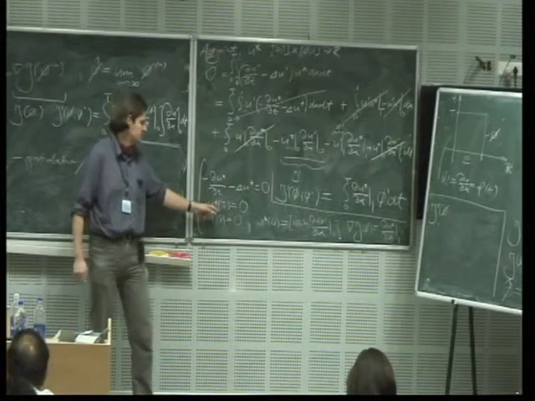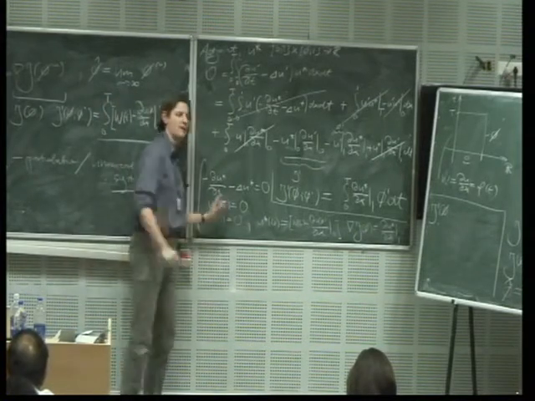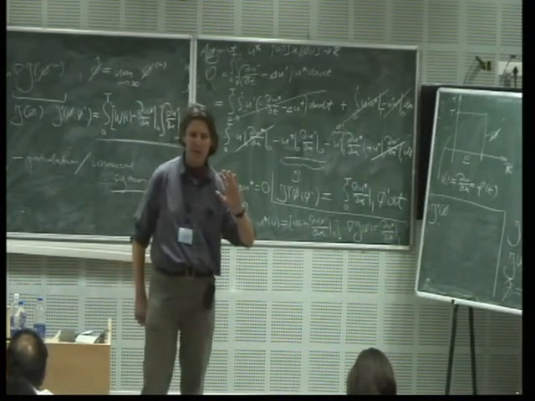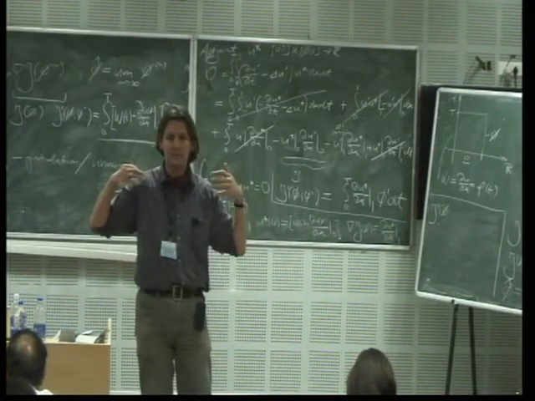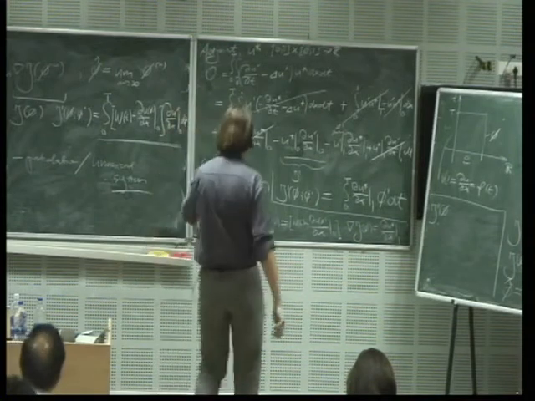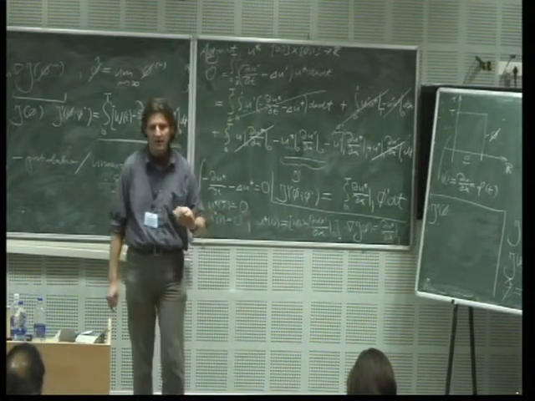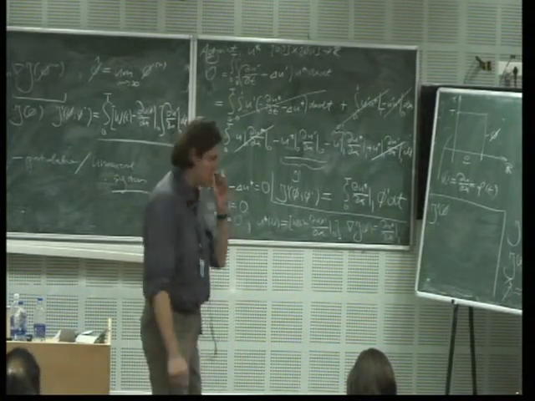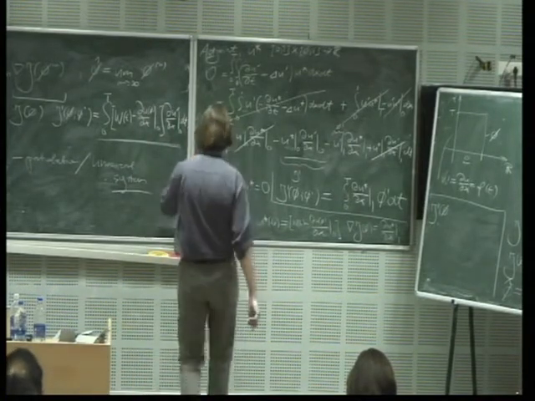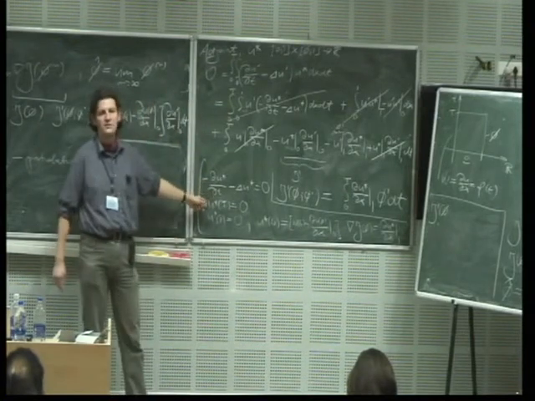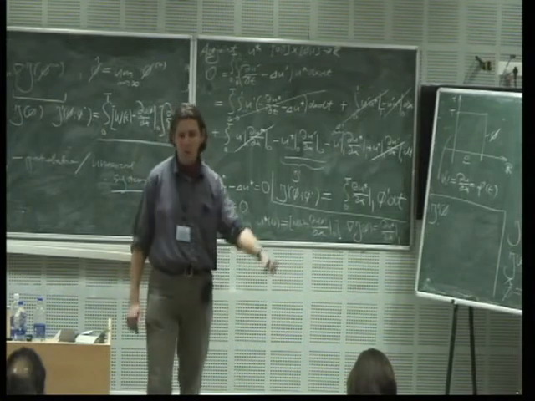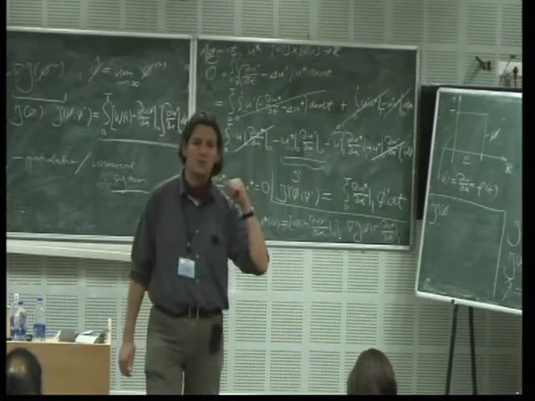Because this condition is imposed at the final time. Okay? So for evolutionary PDEs, the adjoint system has to be actually integrated backwards in time. Okay? Now we have a heat equation, so you may be worried about having to solve backwards heat equation, but that's actually not the case because there's a minus sign in front of the time derivative term. Okay? So when integrated backwards in time, this system is actually well posed. Okay?